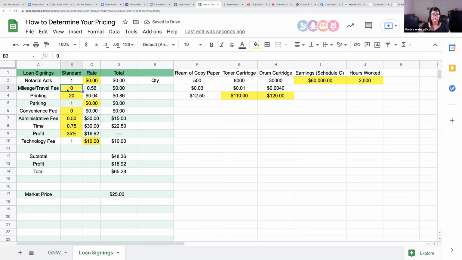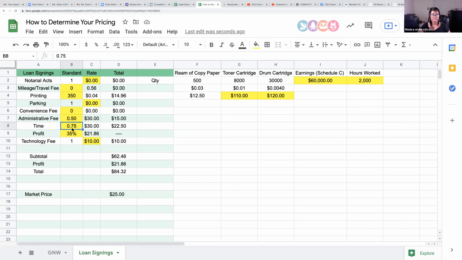On a RON, we don't have any mileage. Printing, let's just assume that we are going to be printing this packet, so we'll use whatever number we feel like we're going to be printing there. We're not necessarily going to have any parking, so we're not going to use anything there. We're going to leave convenience fee for now. We're going to look at the time it takes us to get that packet ready, and it's going to be 15 bucks.